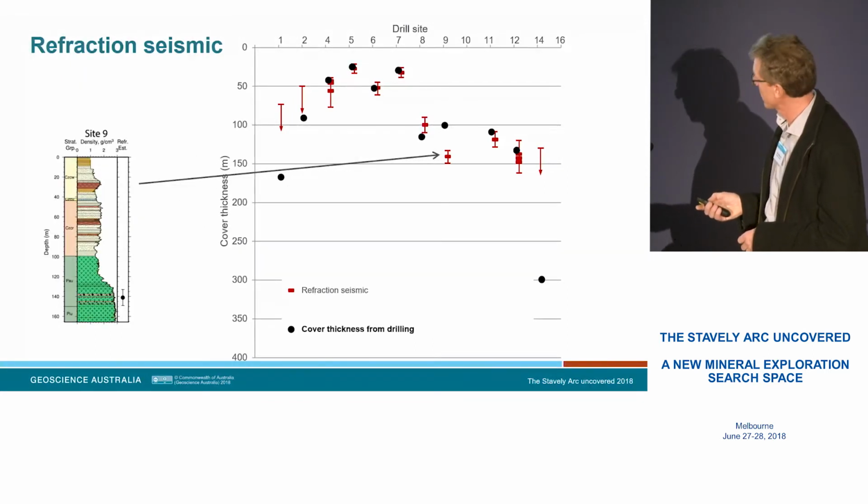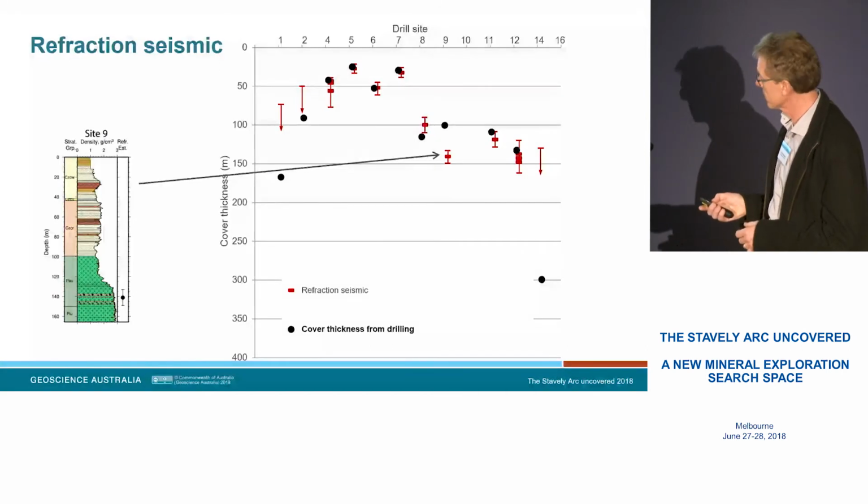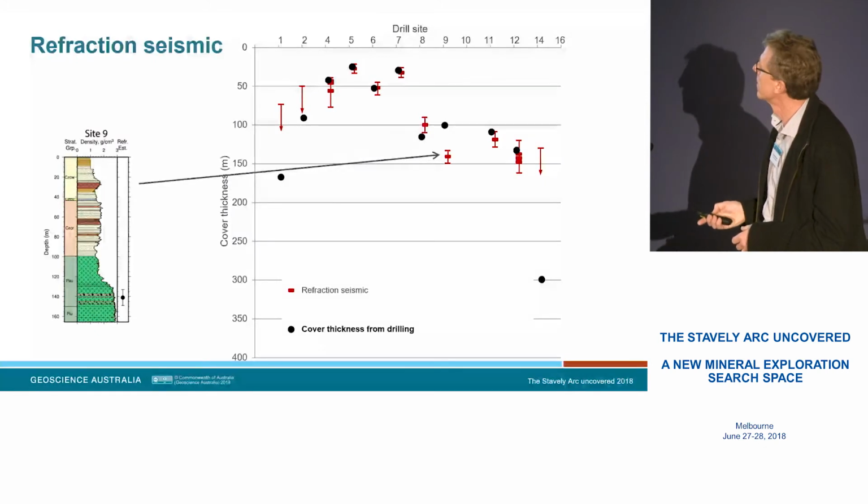Okay, this one overestimated the cover thickness, but we've got a reason for it. If you look at the density profile, there's not a big jump at the cover-basement interface, but then it creeps up as you go down.